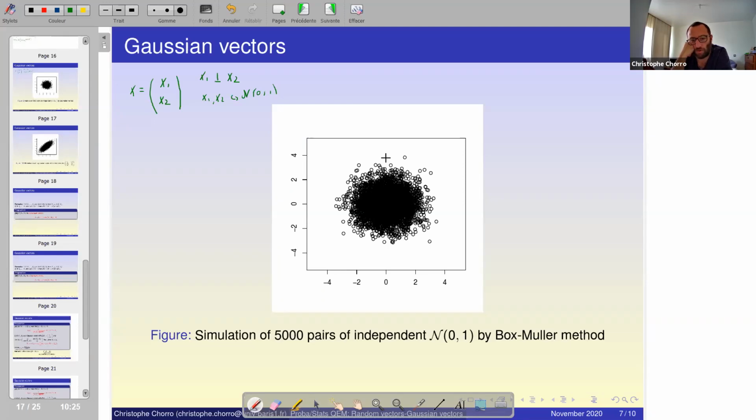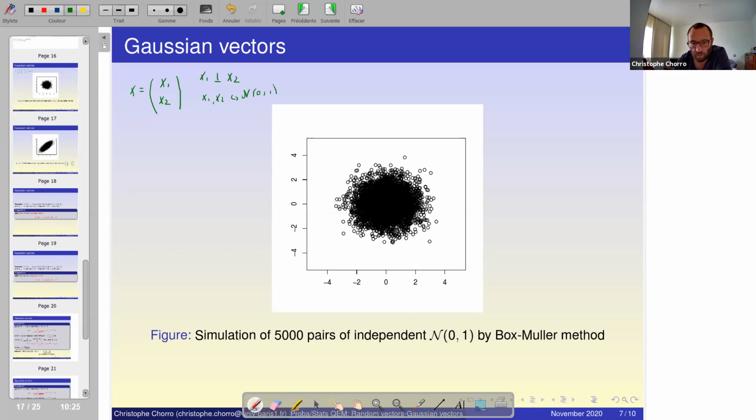Then I obtain this plot here, and you have here what a random Gaussian vector looks like if it is made of two independent N(0,1).